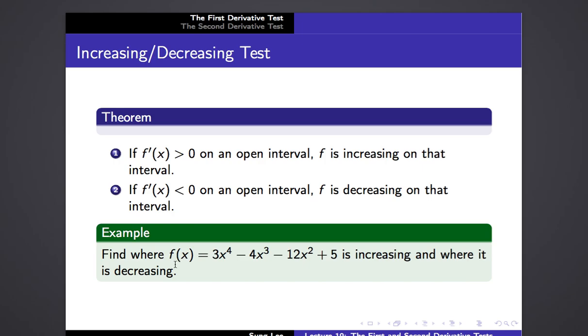Okay, so here's an example. Find where f of x given by 3x to the power 4 minus 4x cubed minus 12x squared plus 5 is increasing and where it is decreasing. Okay, so we're going to use this theorem to determine that.